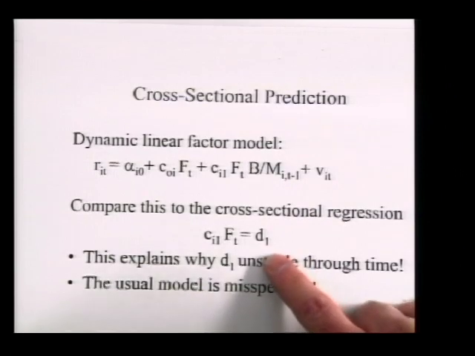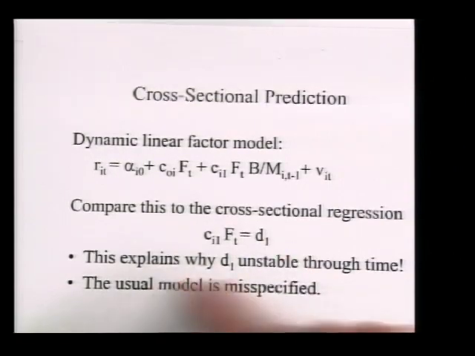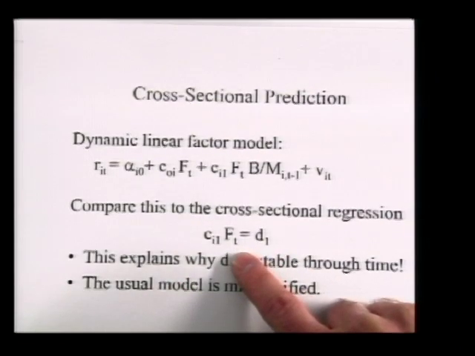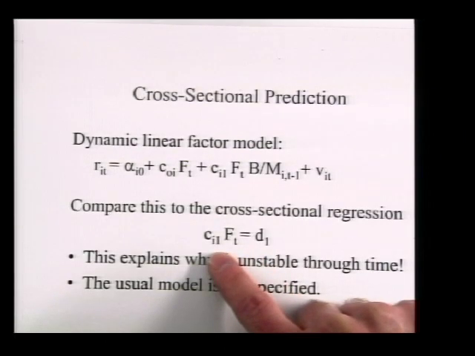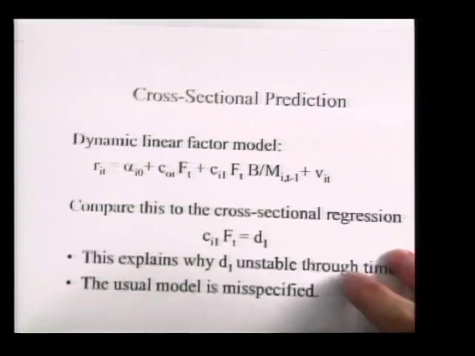There's a reason that this cross-sectional coefficient changes through time, because this has got a T subscript on it. And also, there's a more serious specification problem in that the coefficient should be firm-specific. This gets to the intuition that book-to-markets could differ across industries and across firms, depending upon the characteristics.